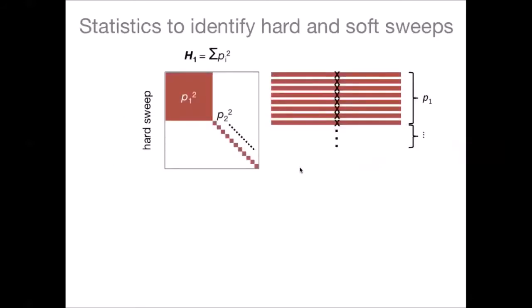So this brings me to the method that we developed, where we used haplotype homozygosity defined in long analysis windows to identify sweeps. And so here's a roughly 10 kb window, just like I showed you previously. And I'm looking at the haplotype frequencies. Here's the first haplotype. It has a frequency of p1 and so on.